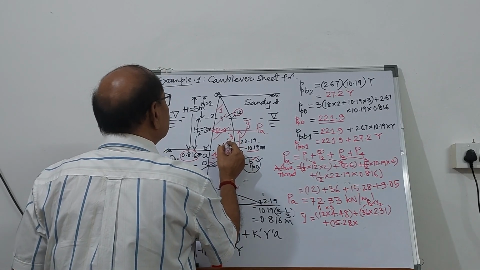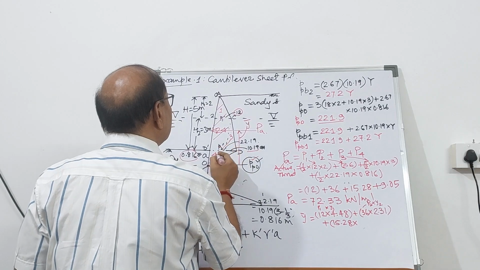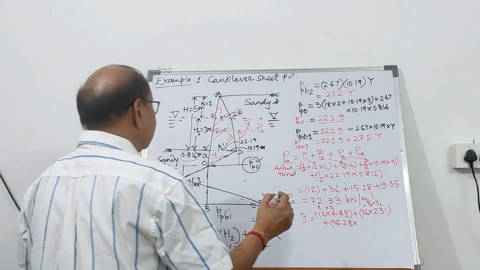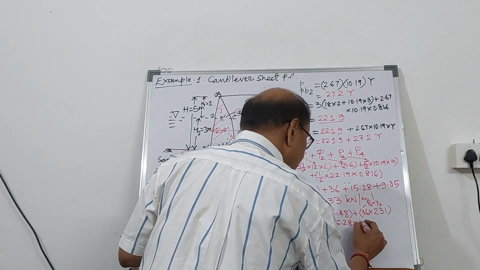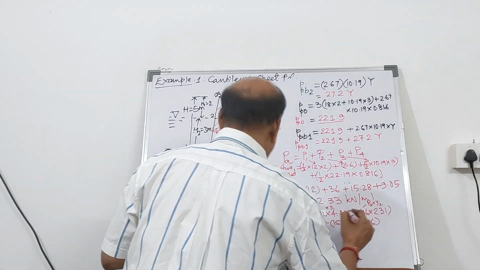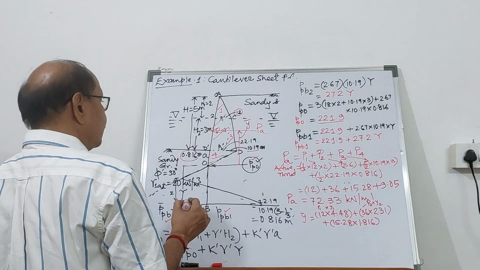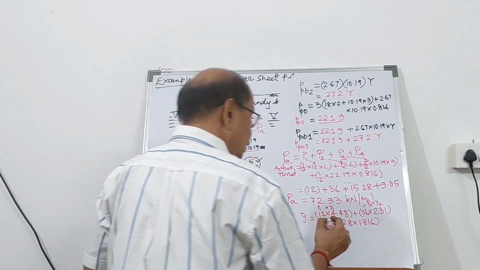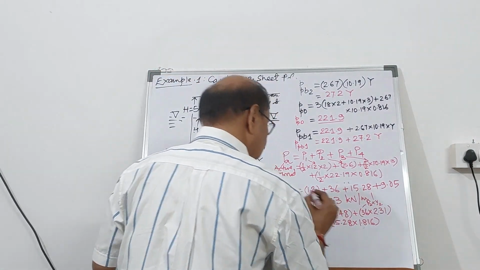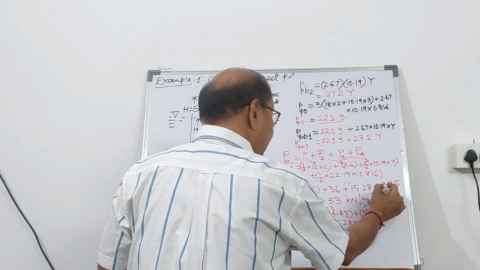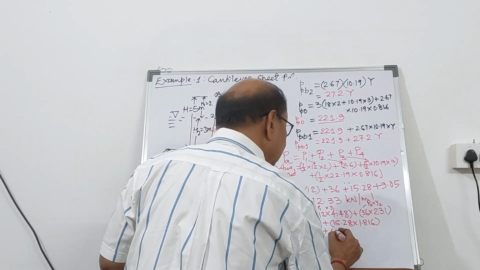H2 is 3 meter. So 1 meter, and this becomes 0.816. So 1.816. So P3 Y3 plus P4. Now P4 is 9.05.